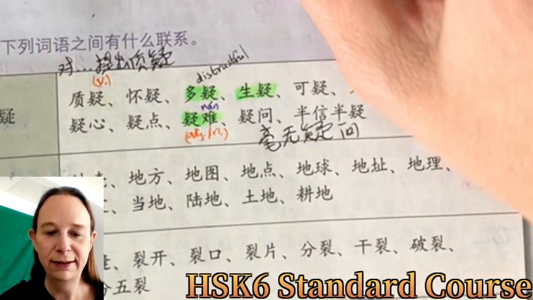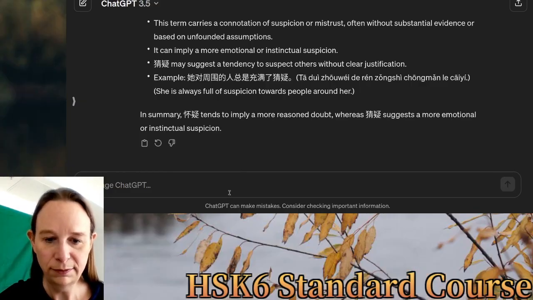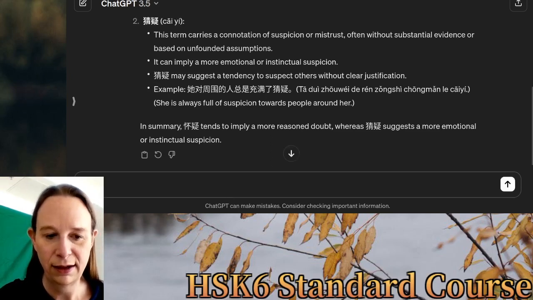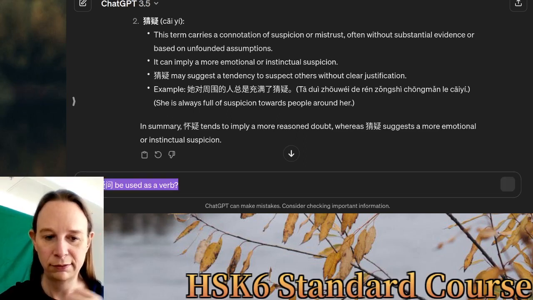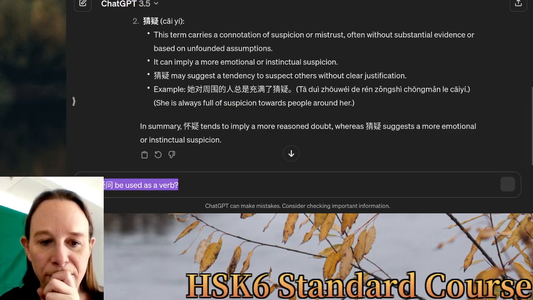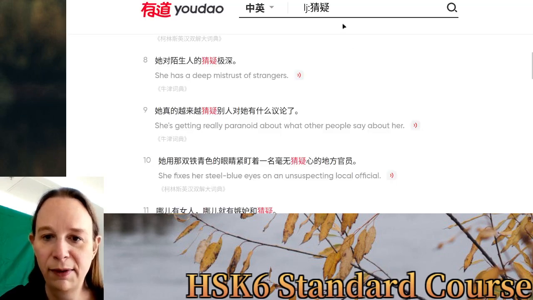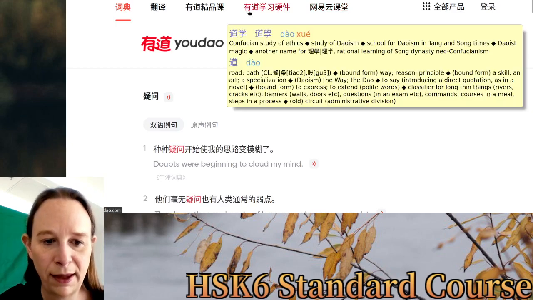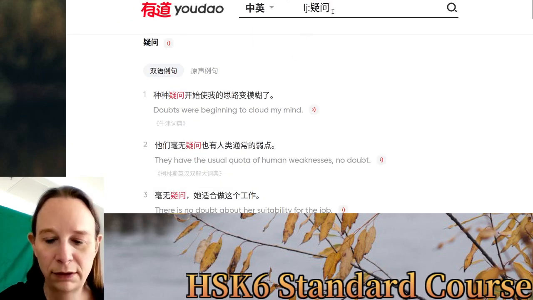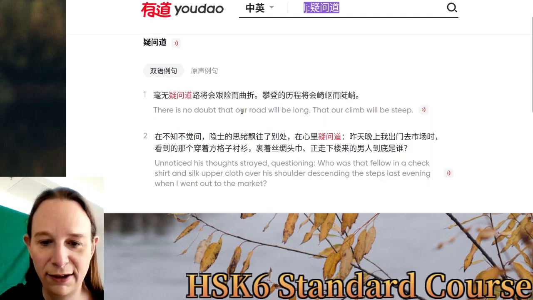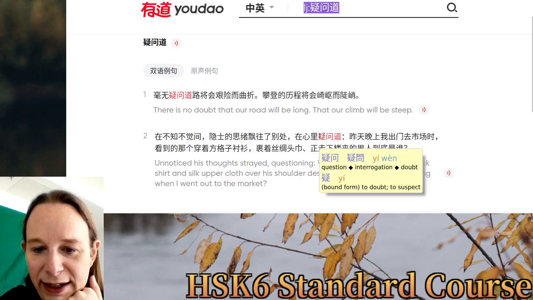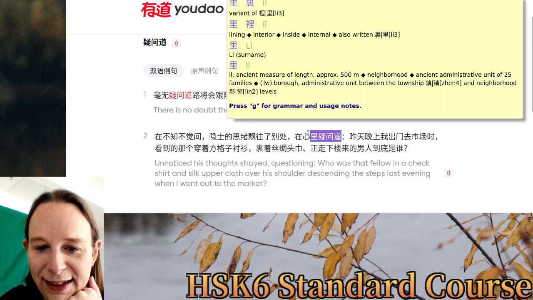Let's ask ChatGPT. Can 疑问 be used as a verb? While we're waiting for that, 疑问到. What about that? Yeah, 他心里疑问到. That's a verb, right?